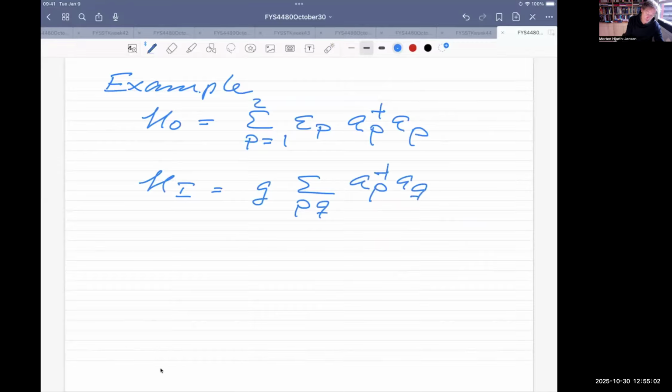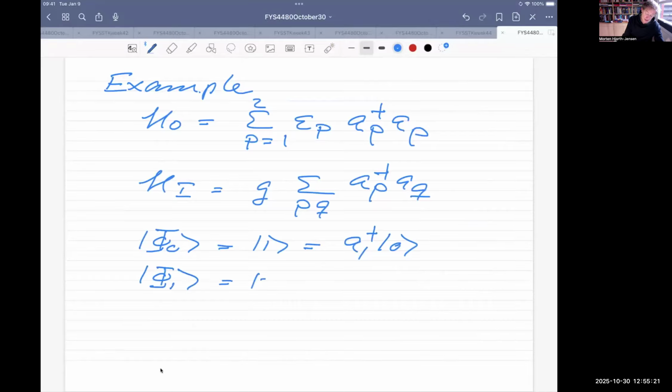We also defined an unperturbed state, which we call phi 0, labeled as 1, the same as a_1 dagger acting on the vacuum. And then we had an excited state, because we assumed that the non-interacting energy for this state was larger than the one from state 1.